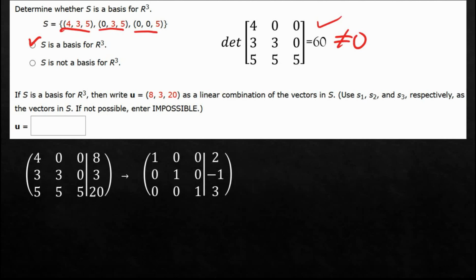So we use that here. Since we know that these three vectors are linearly independent and that they span, they form a basis. So if S is a basis for R3, which it is, then here's that arbitrary vector in the definition for spanning. It's not arbitrary anymore.